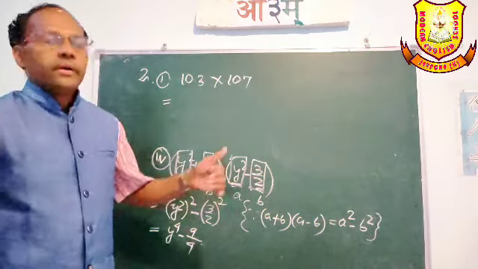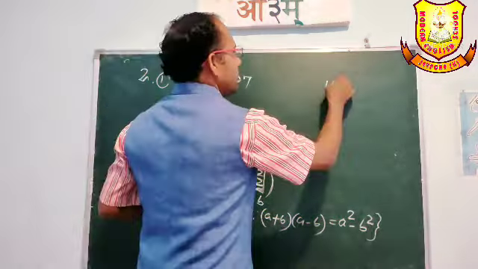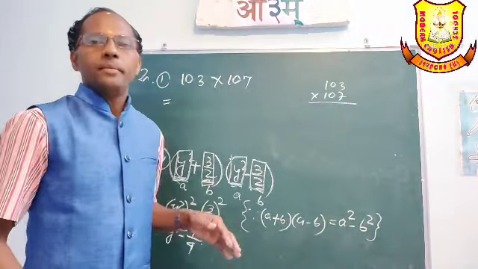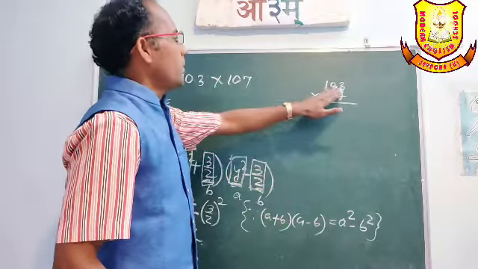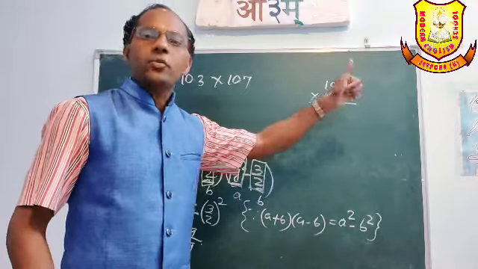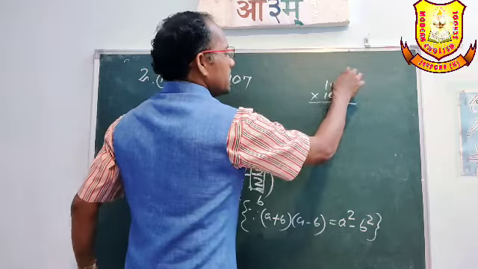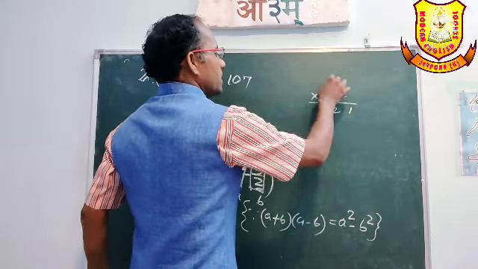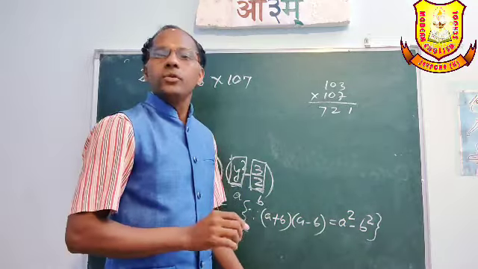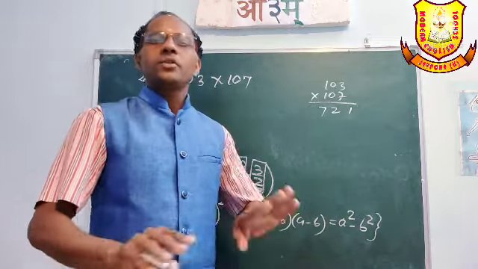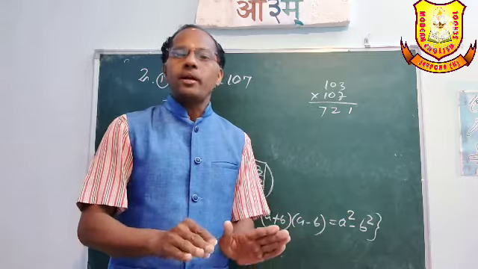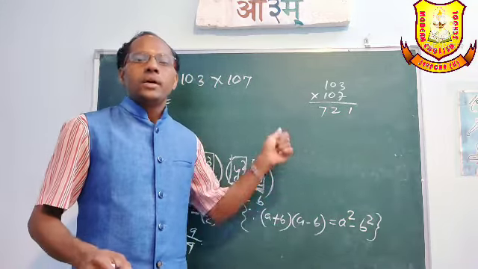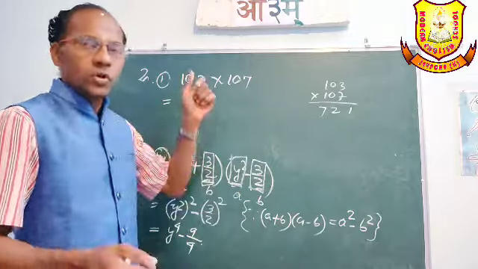If you multiply 103 into 107, it will take time. We have to take more time to multiply, like 7 threes are 21, 1 carried, 7 zeros are 0, and so on. But it is told not to multiply directly. So by using algebraic identity we have to multiply this. So how can we multiply?